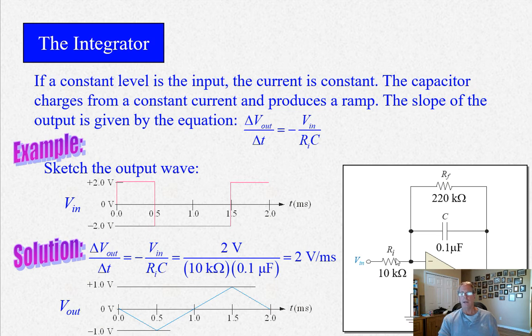So it attenuates high frequencies. So sometimes we say, well, I'm going to integrate out that frequency. What that means is you're going to put some sort of op-amp circuit in there that's an integrator to filter out those high frequencies.